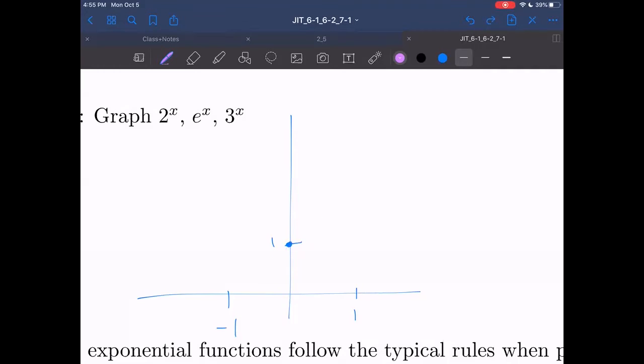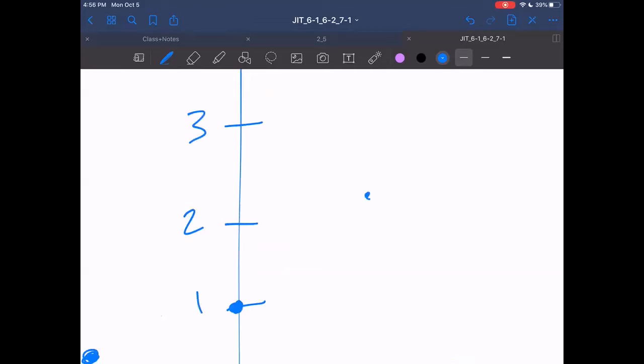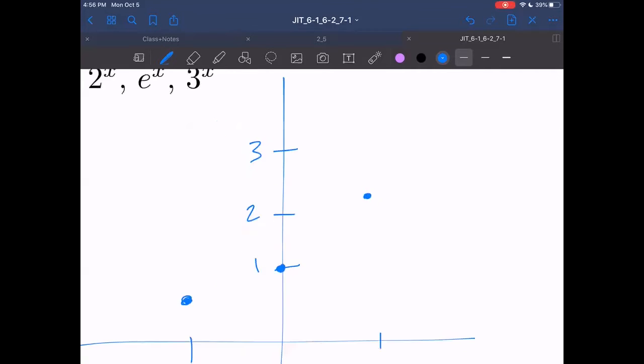But we're not as concerned about that. But so we've got e to the x, which is about, e to the 1 is going to be a little bit above 2. Okay.